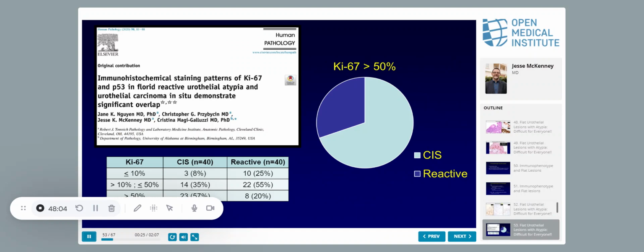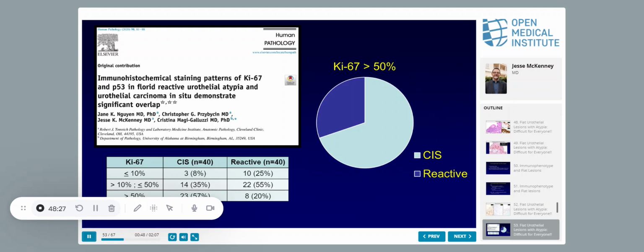That means like 10% of the time you could have a low Ki67 in a CIS, and that means you would undercall it at least 10% of the time. And with reactive, we had 20% that had more than 50% Ki67. So theoretically, you could overcall 20% of the benign reactive as CIS. So anyway, long story short, we never do it.